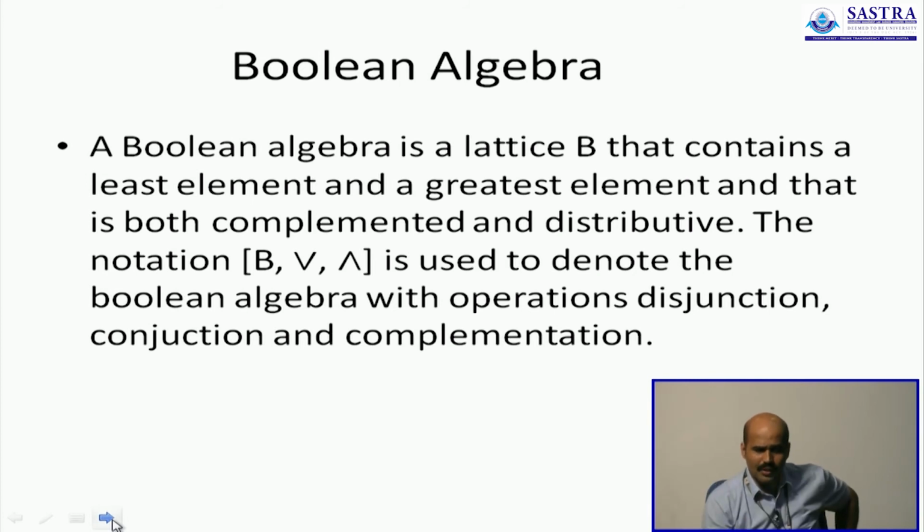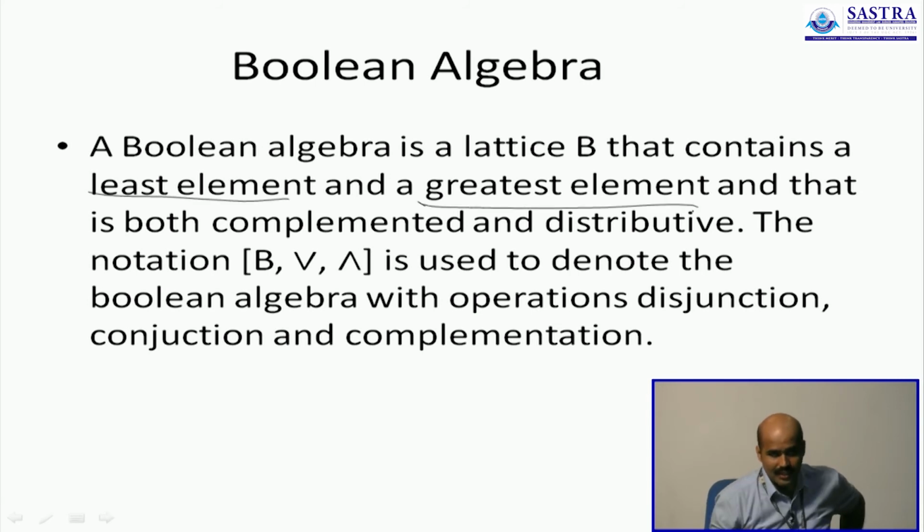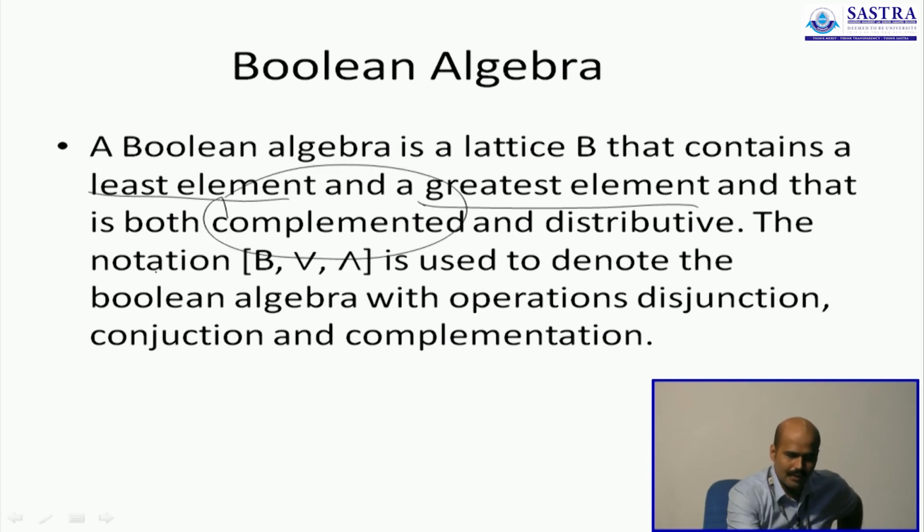A Boolean algebra is a lattice B that contains, first of all, the least element as well as the greatest element, and is both complemented. Now when you call it complemented, for every element I am able to define a complement. That's like a few examples we saw a little while back. It also needs to be distributive.